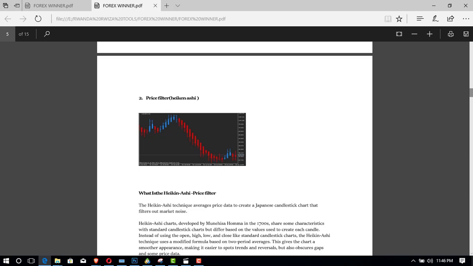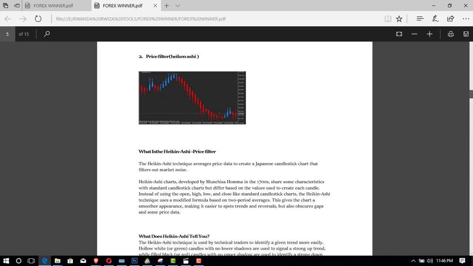Because the Heikin Ashi technique smooths price information over 2 periods, it makes trend price patterns and reversal points easy to spot. Candles on a traditional candlestick chart frequently change from up to down, which can make them difficult to interpret.